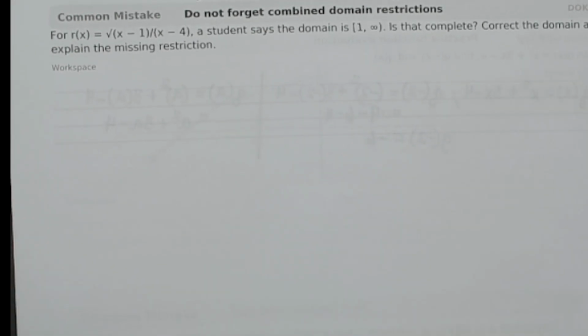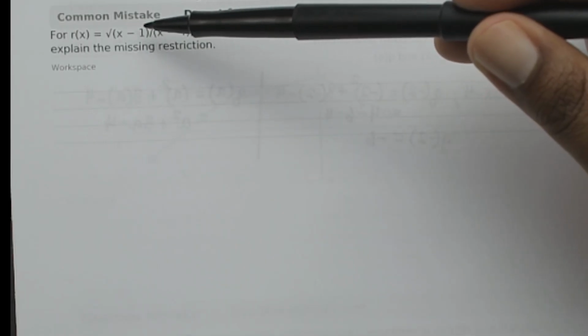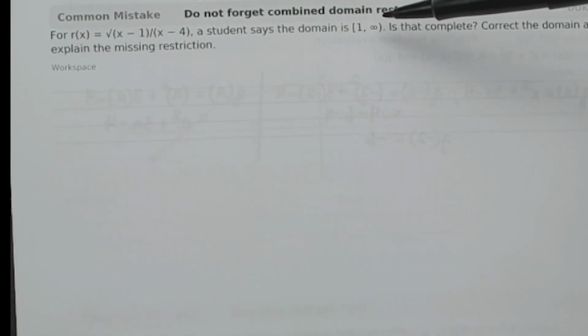Now, common mistakes. Do not forget to combine domain restrictions. For f of x equals root of x minus 1 divided by x minus 4, a student says that the domain is capped at 1 and tends to infinity. Is that complete? Correct the domain and explain the missing restriction.